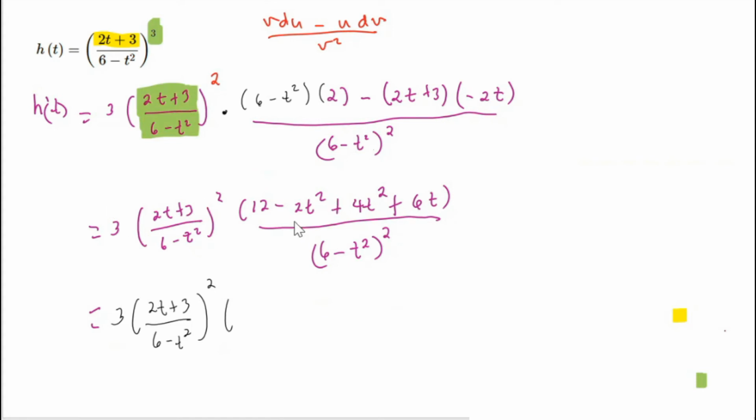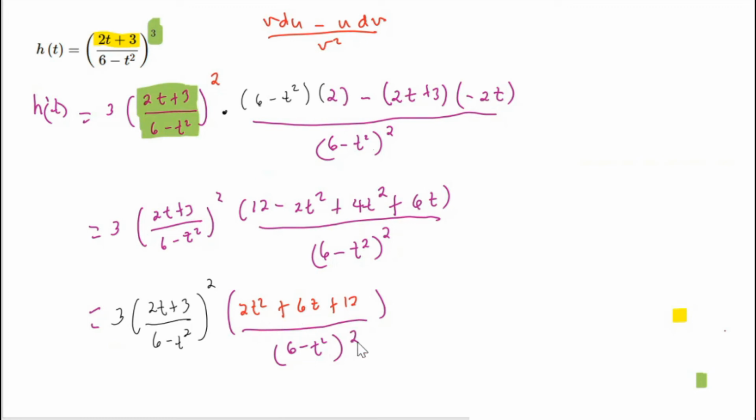So I have here (-2t² + 4t²) is equal to (2t² + 6t + 12) all over (6 - t²) to the power of 2. Now, if I want to factor out, since there is a common factor among 2, 6, and 12, the common factor is 2.